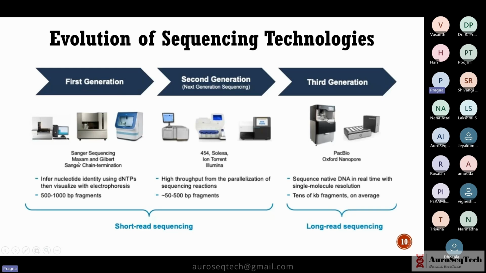It was groundbreaking research back then, and Sanger sequencing is still in use when we have to know the DNA sequence with 100% accuracy, even in clinical applications. But the limitation of this sequencing is it can sequence only up to 1,000 base pairs.